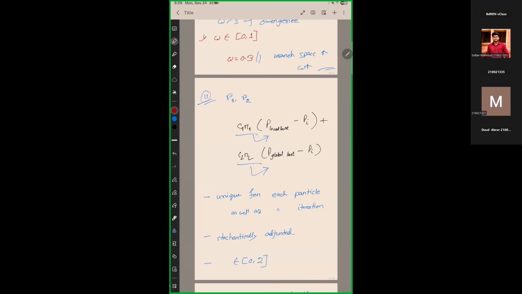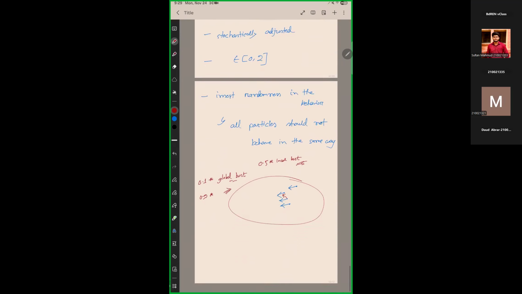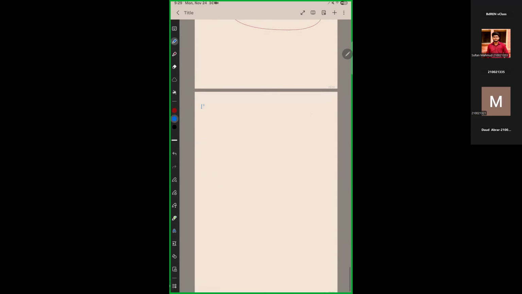Is it clear? Yes sir. Okay, number 3, C1. The C1 proportionality constant will control how much the particle is going to be influenced by the personal best, and C2 is going to control how much it is going to be influenced by the global best.